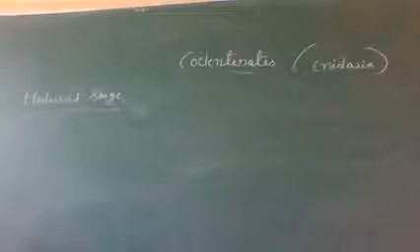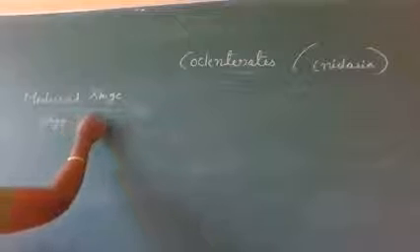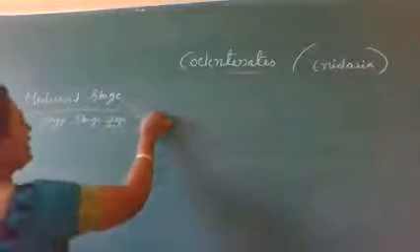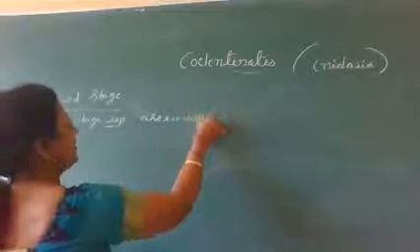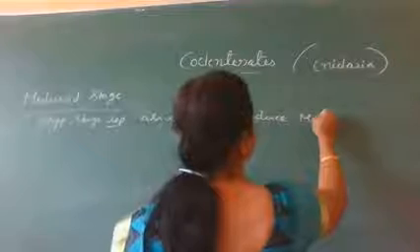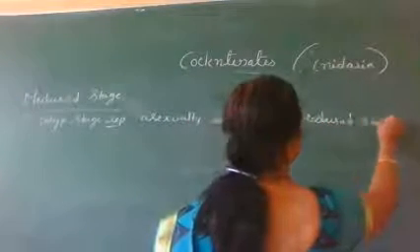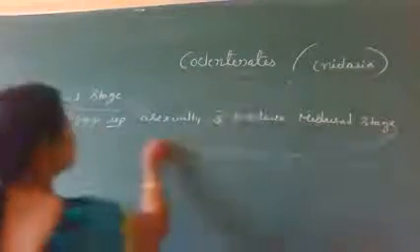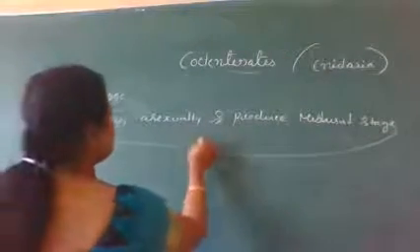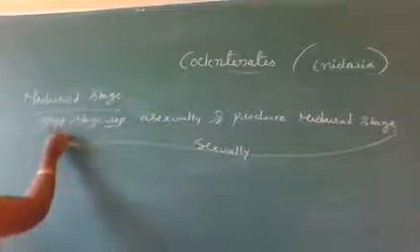Now, those coelenterates having these two forms: the polyp stage reproduces asexually and produces the medusoid stage, and this medusoid stage reproduces sexually to produce which stage?